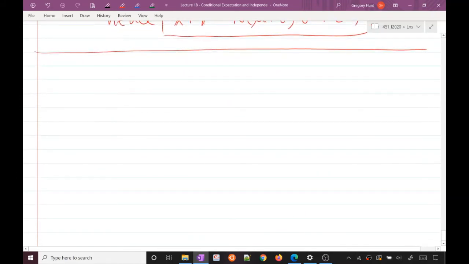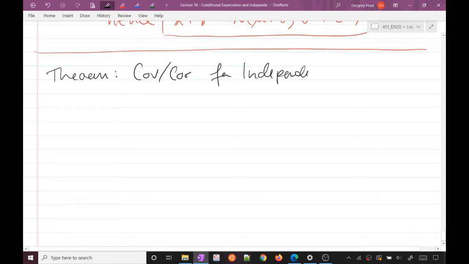Okay, so what else can we think about? Well, last time we had talked about covariance and correlation, and the question is, what can we say about covariance and correlation if two random variables are independent? And here's the theorem.